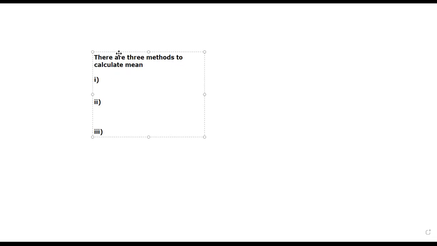The first method is called direct method. The second method is known as assumed mean method. And the third one is step deviation method.